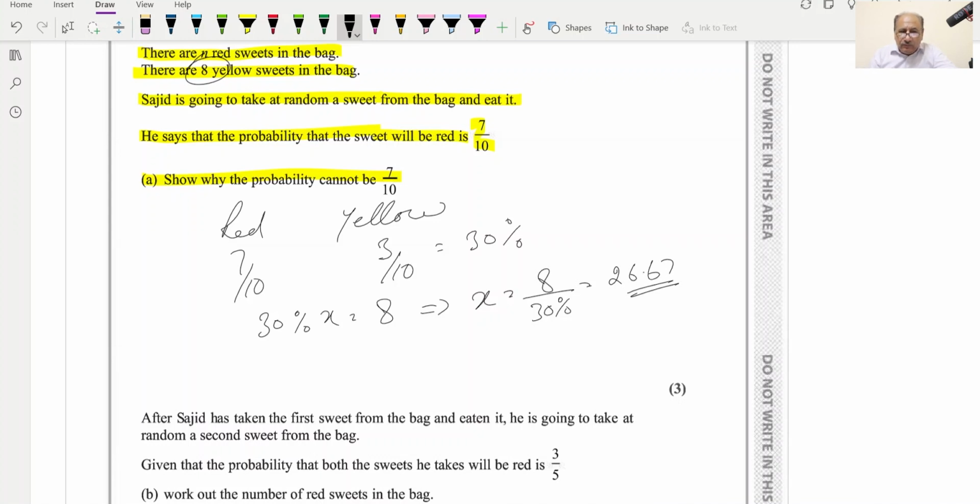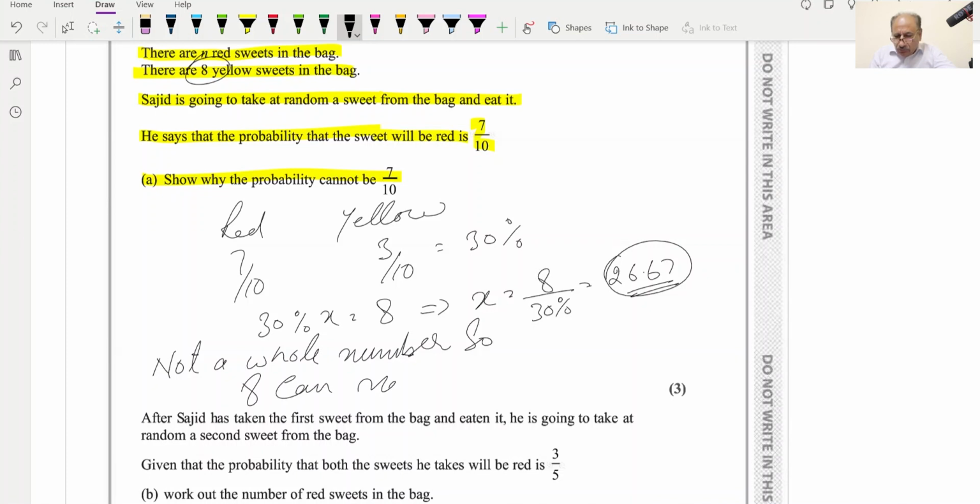So we can't say that there are 26 point this many sweets in this. So it is not a whole number, so 8 cannot be 30%.